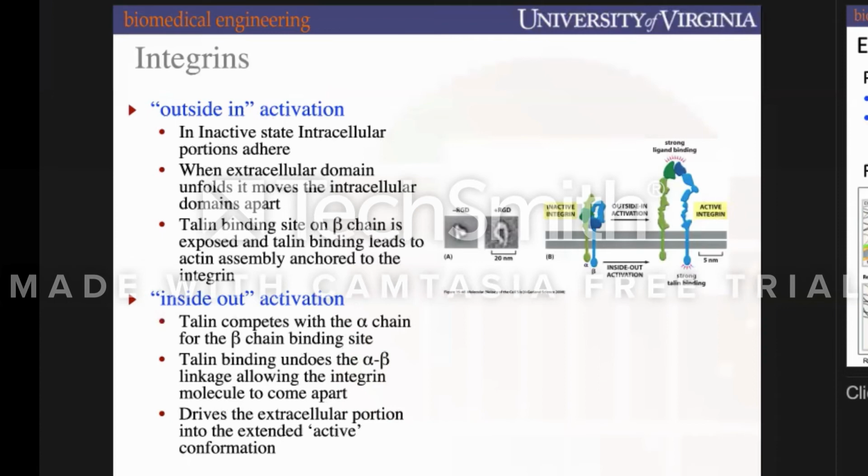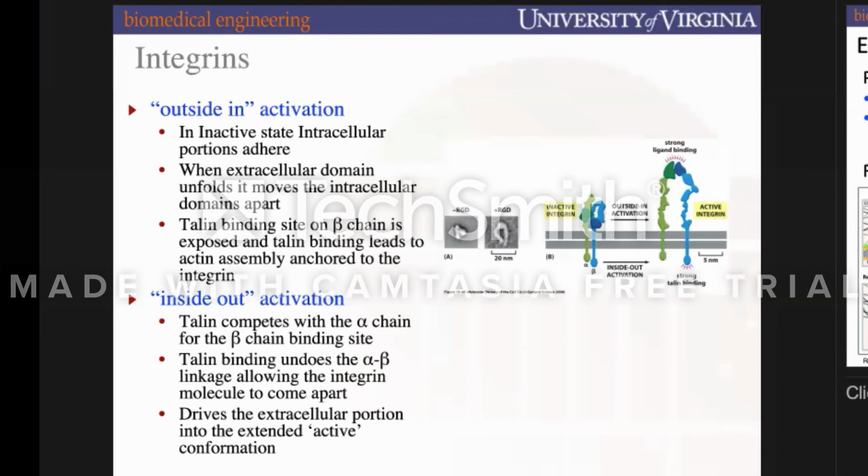And so this will drive the integrins into an active conformation. And so if you overexpress talin in a cell, like in an experimental setup, you'll see extended integrin conformation throughout.